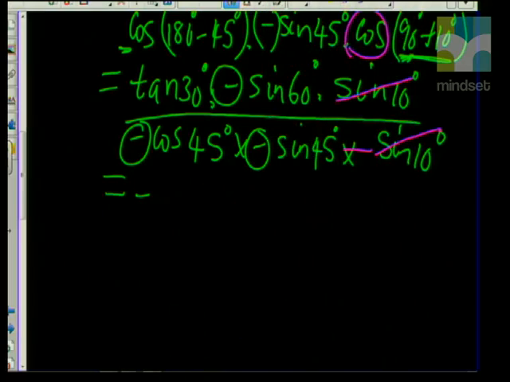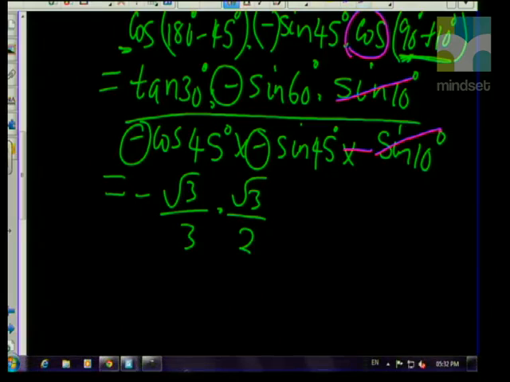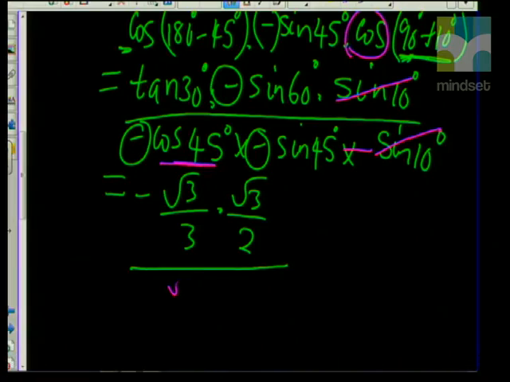Now, times your sine 60, again, that's going to give us root 3 all over 2. And then divide by your cos 45. Cos 45 is root 2 divided by 2, times your sine 45, it's root 2 all over 2.